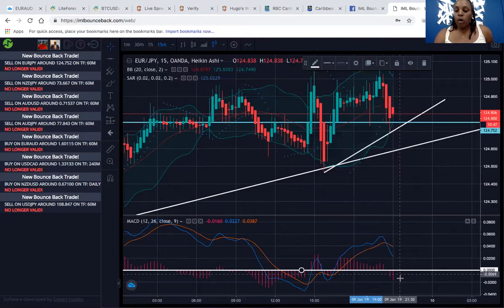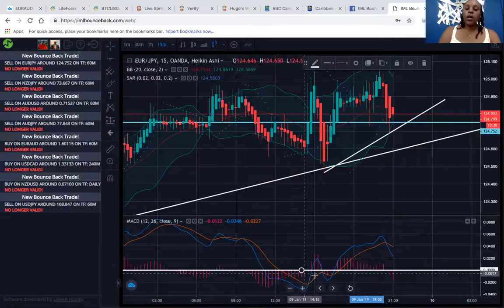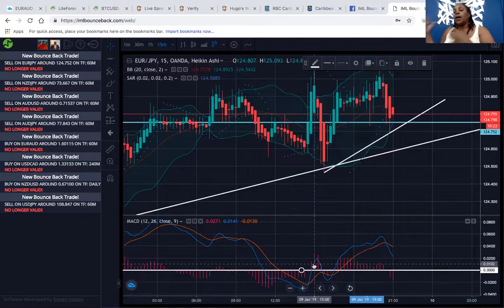So long as they cross the zero line and come underneath, it tells us that there's a change in the trend, right? So for example, over here, you could see that once the MACD lines are under here, it means that we are now in a type of downtrend, right? And over here, when it crossed and went above the zero line, then we were in a type of uptrend.